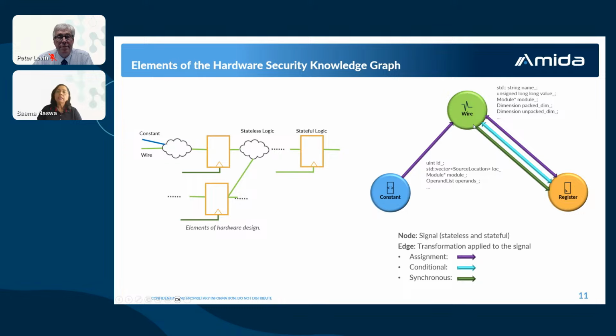By representing it as a knowledge graph of signals, we can focus only on signals, and we can cross over the billions of gates in the middle and just focus on what matters to us. We can apply graph algorithms like anomaly detection and path analysis. We can uncover hidden interactions between these signals and find potential vulnerabilities.